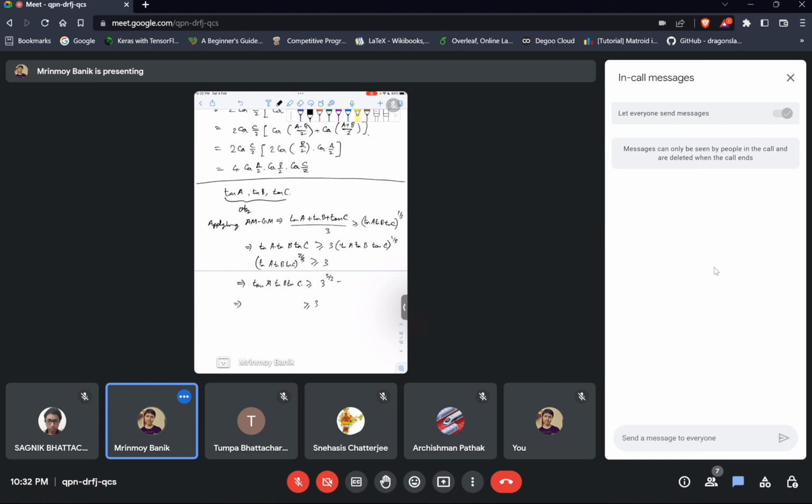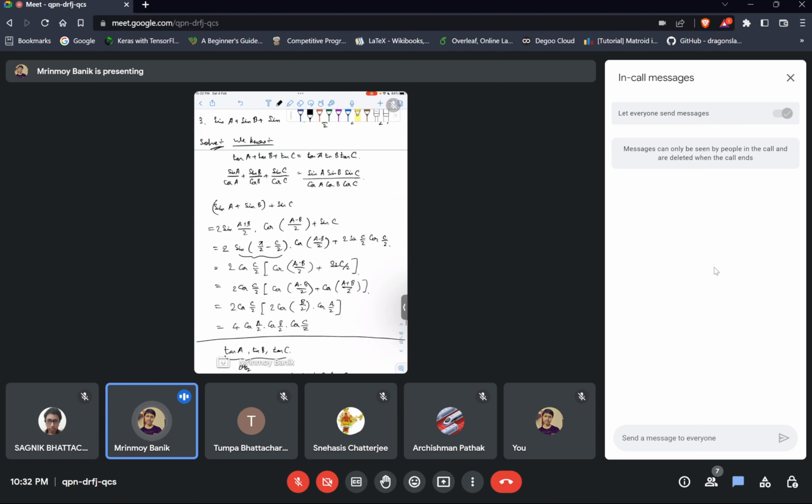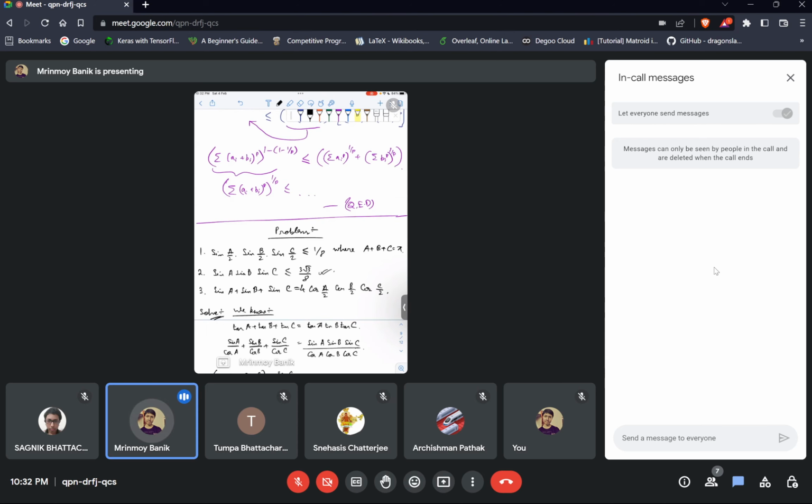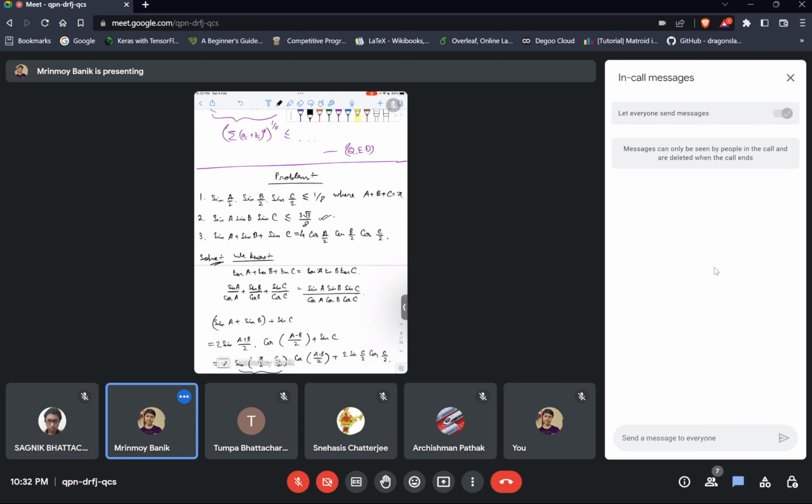That is 3 root 3. Now we have to show, so 3 root 3 by 8, okay.